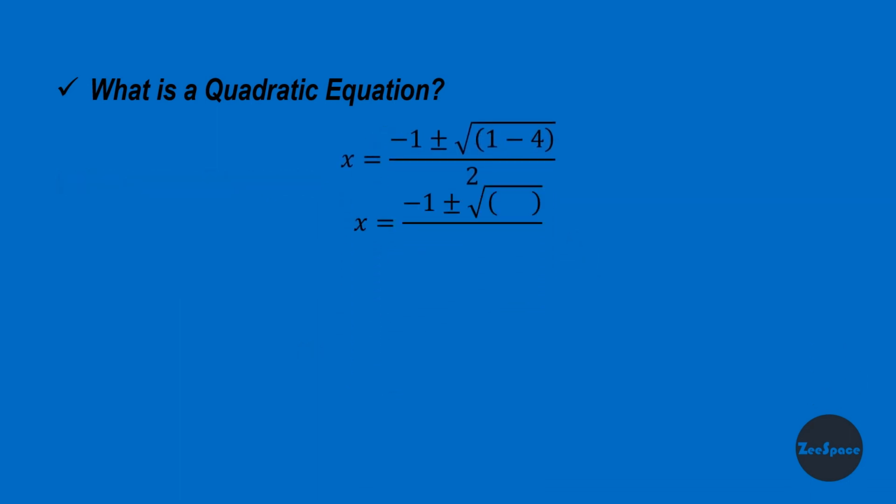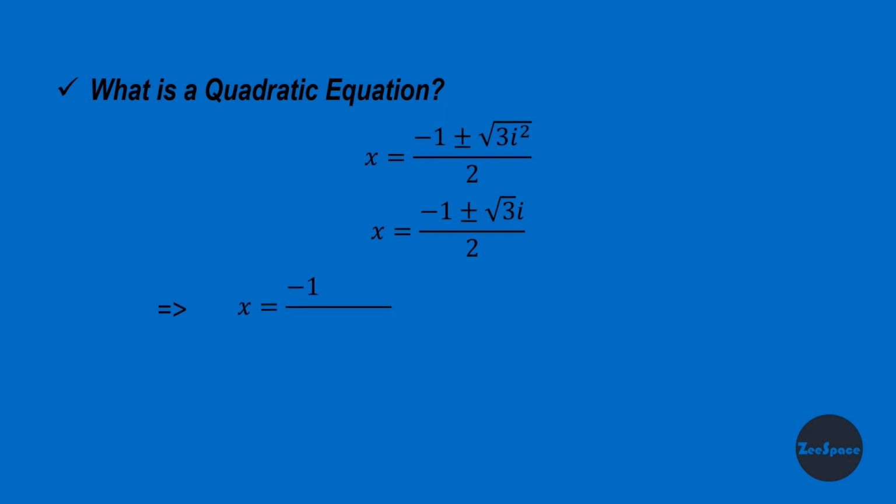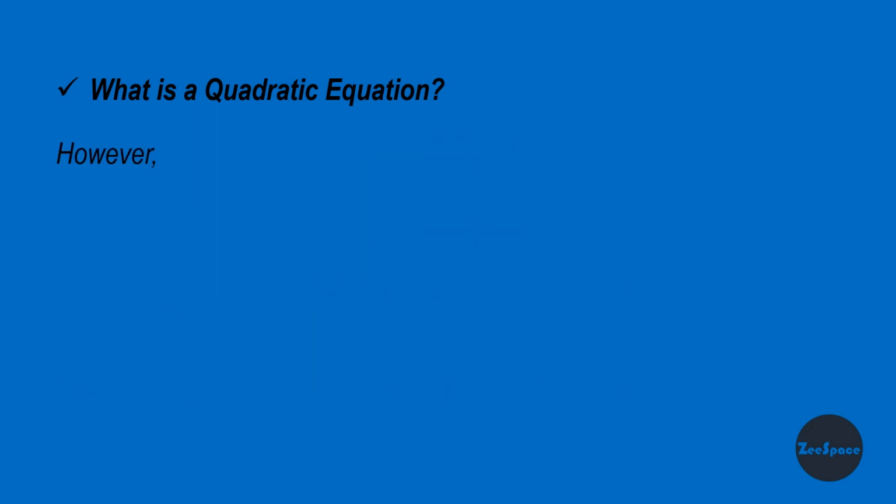Substituting the values of a, b and c, we get either x is equal to minus 1 plus square root of 3 iota divided by 2, or x equals minus 1 minus square root of 3 iota divided by 2. So both the roots are complex conjugate of each other.